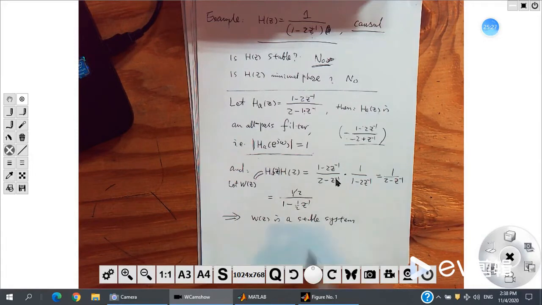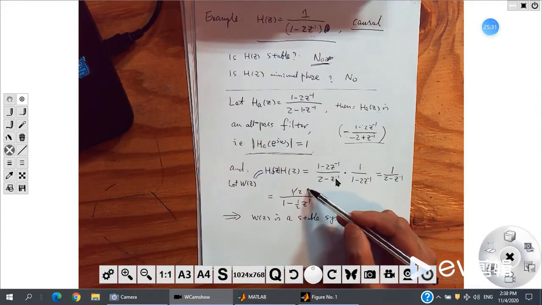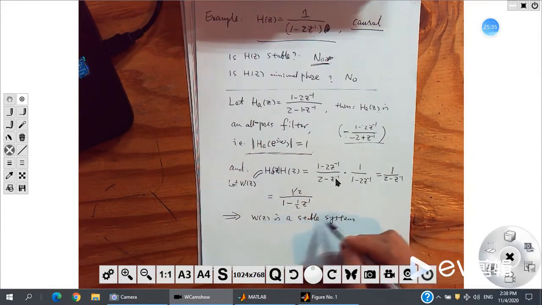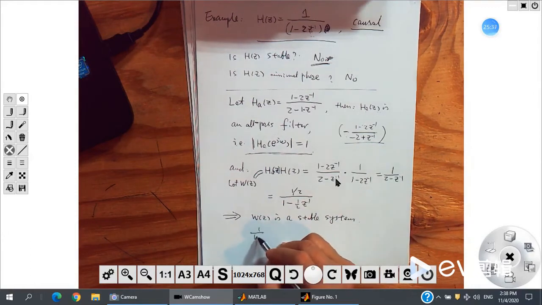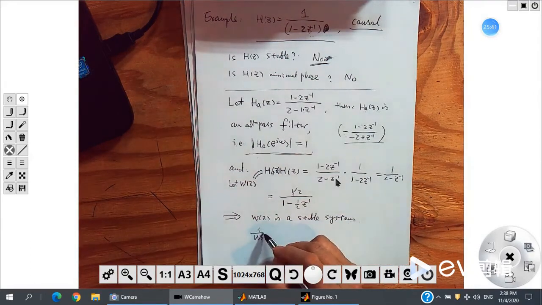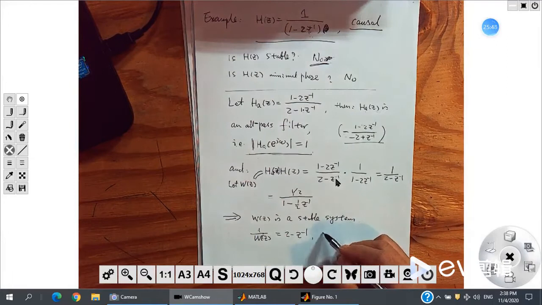This one only contains the pole without a zero, right? We have pole, no zero. Then if you reverse, 1 over W of z is also stable. W of z is stable, and 1 over W of z, which is 2 minus z to the negative 1, is also stable.